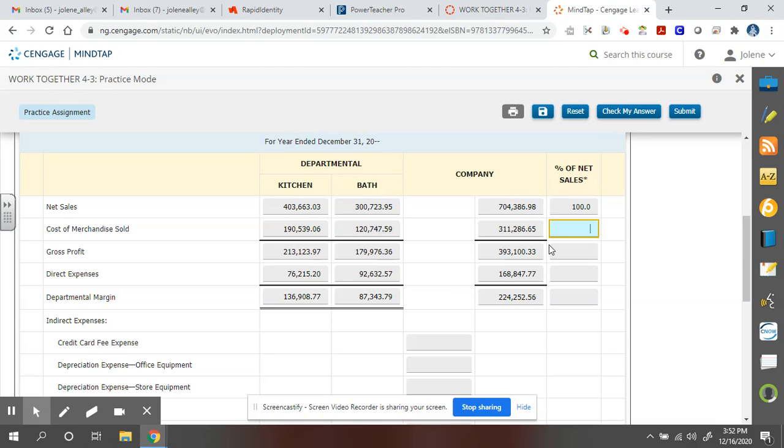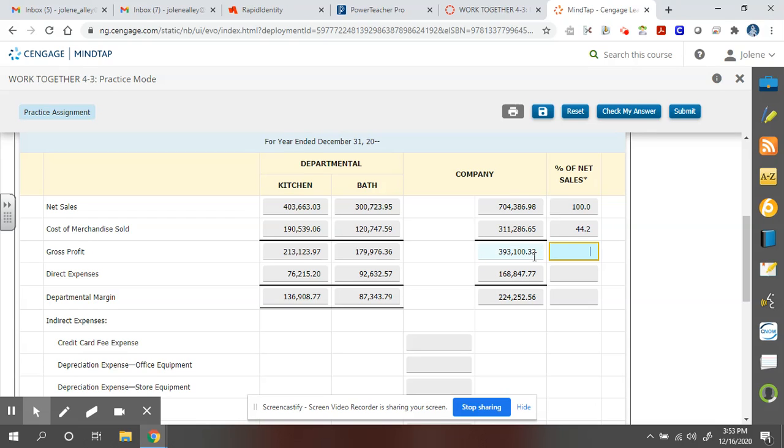And I got 44 point, let's see, how many decimal points do they want over? I don't know, I'm going to put 9. Oh, okay, so it only wants one decimal point, so 44.2. Okay, so now I'm going to do the same thing.